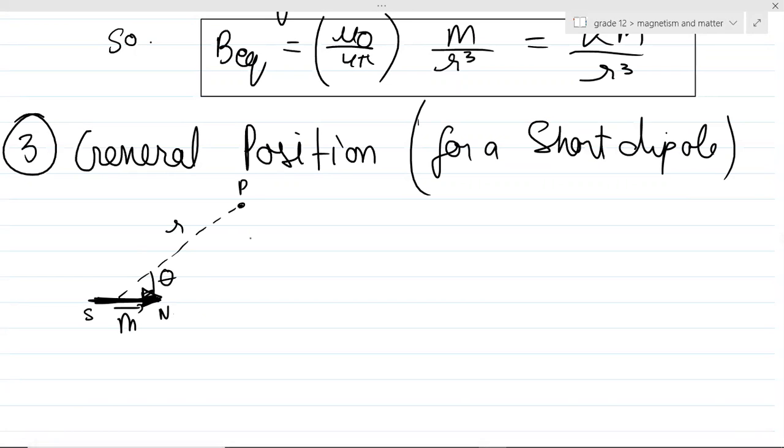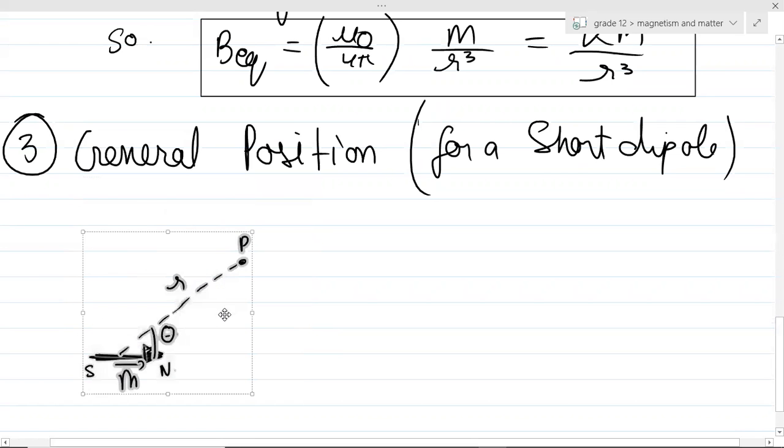So there is a point P at an angle theta where you want to find out the magnetic field, and the magnetic field will be somewhat like this. Let me draw it for you. The magnetic field will be, let's say, like this.